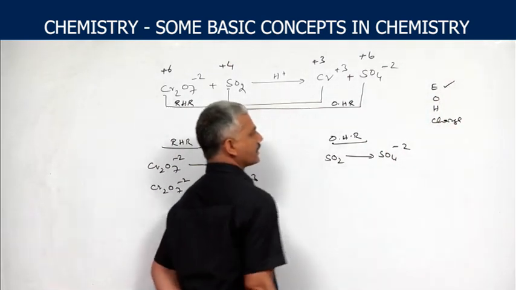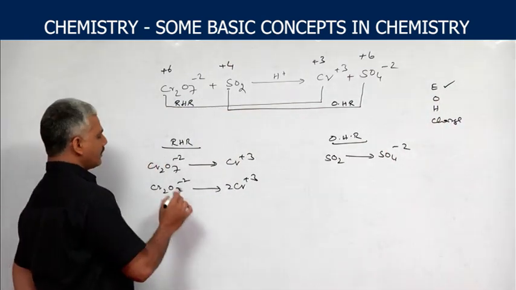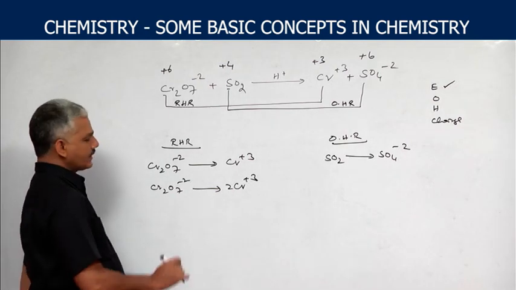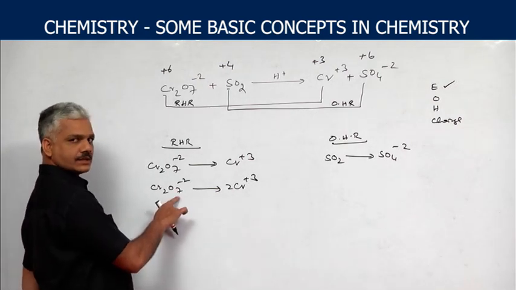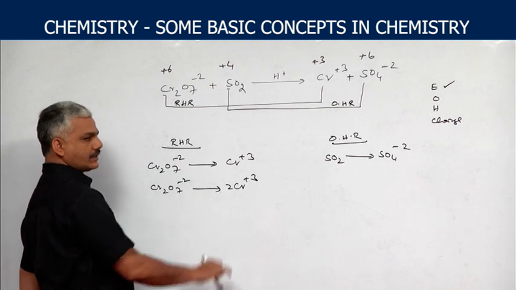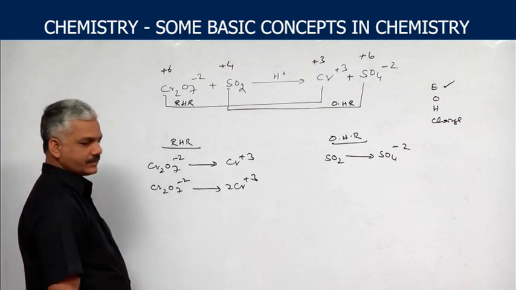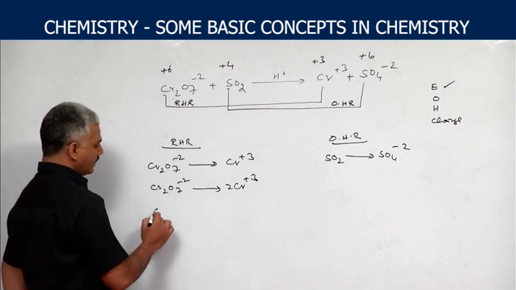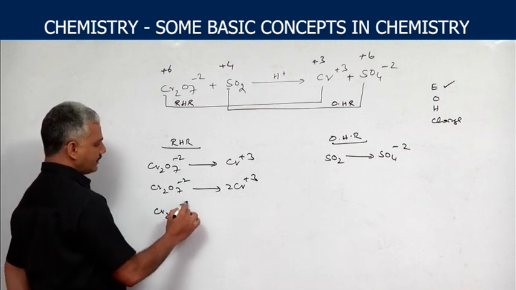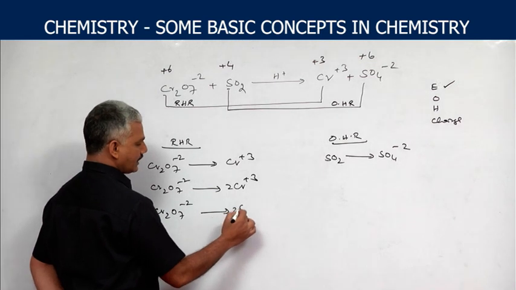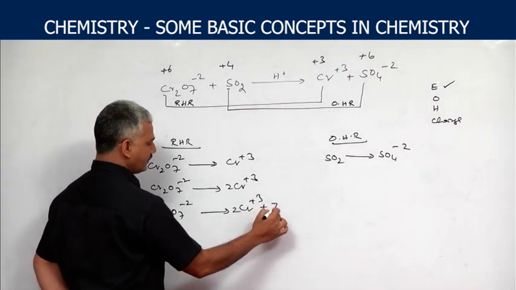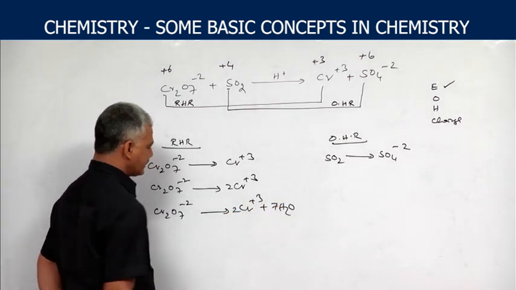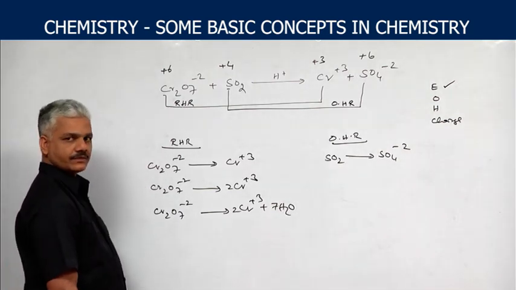Next, balancing of oxygen. On the reactant side 7 oxygen atoms are present, on the product side no oxygen atoms are present. So, as per the rule, on the deficient side we balance oxygen by adding the required number of water molecules. In this case that number is 7.